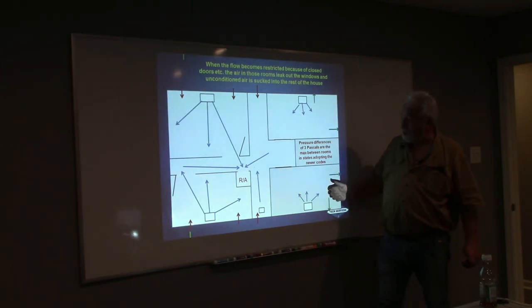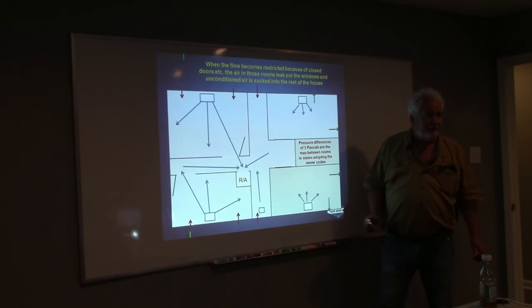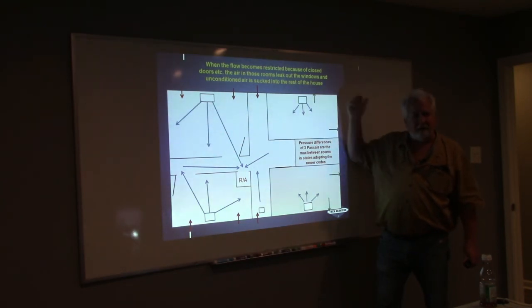If it's going out on this side, how much air does your air conditioner system make? It doesn't make any air, it just circulates air. So if I've got air leaking out on this side of the house, what does that tell me about this side of the house?